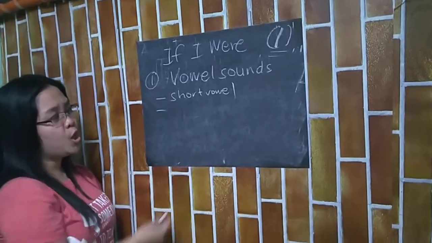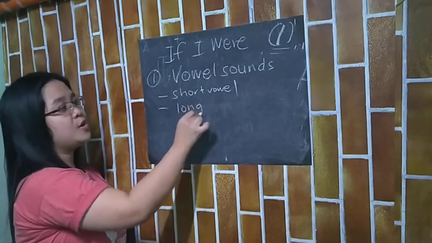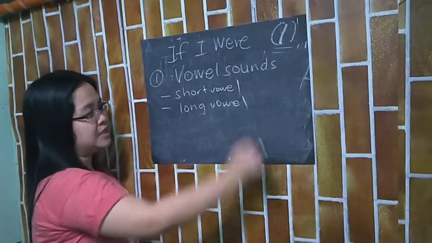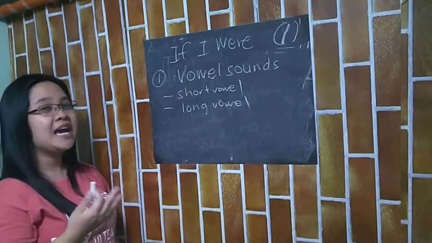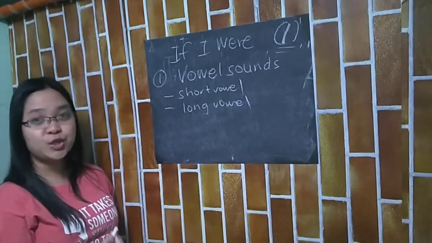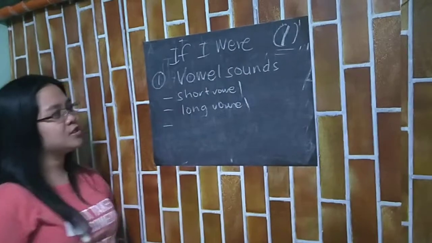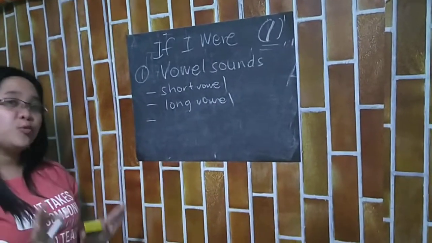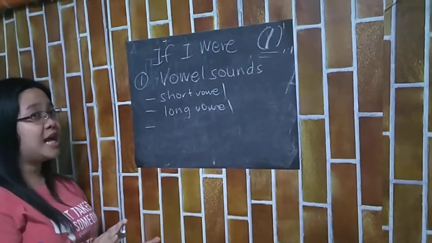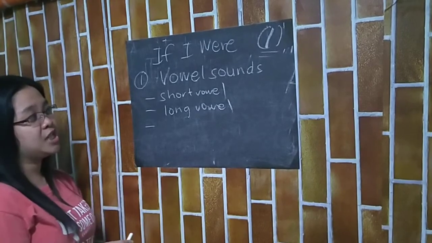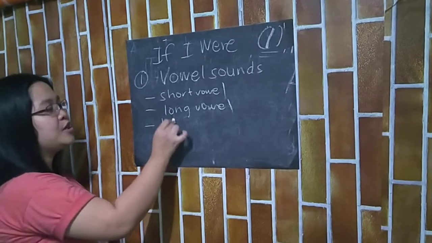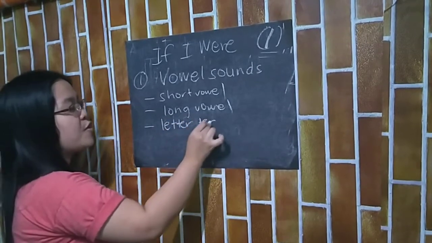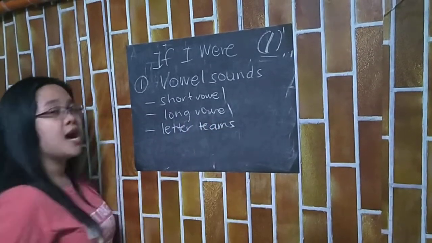You can also hear some long vowel sound the same way as how we read the letter itself. So we have the A, E, I, O, and U. And we can also encounter words wherein the vowel sounds are not that visible because they are not using a vowel letter. However, the letter sounds that are being combined produce vowel sound.